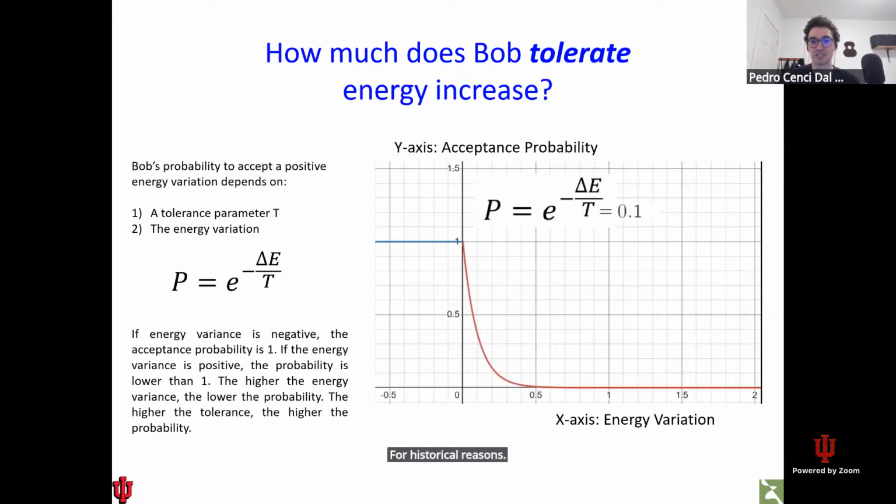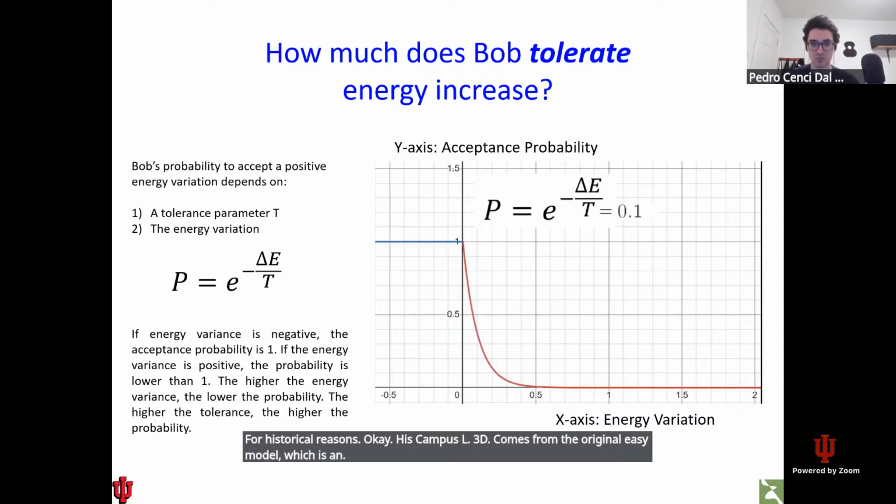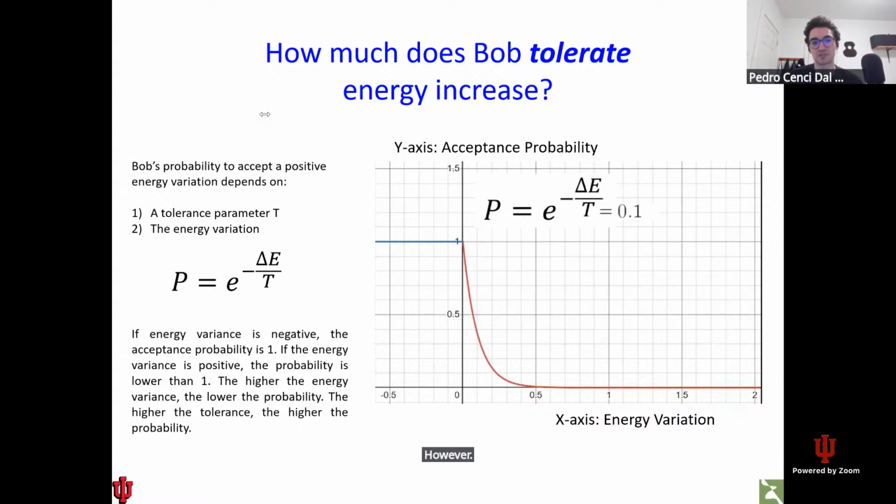Okay, CompuCell3D comes from the original Ising model, which is an actual physical model where temperature is temperature, the one you measure with a thermometer. However, in the biological models we are going to build, temperature is not the temperature you measure with a thermometer.